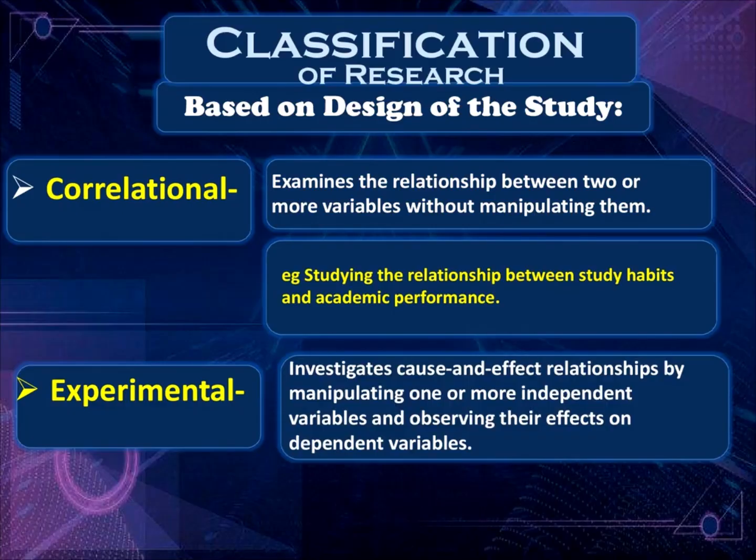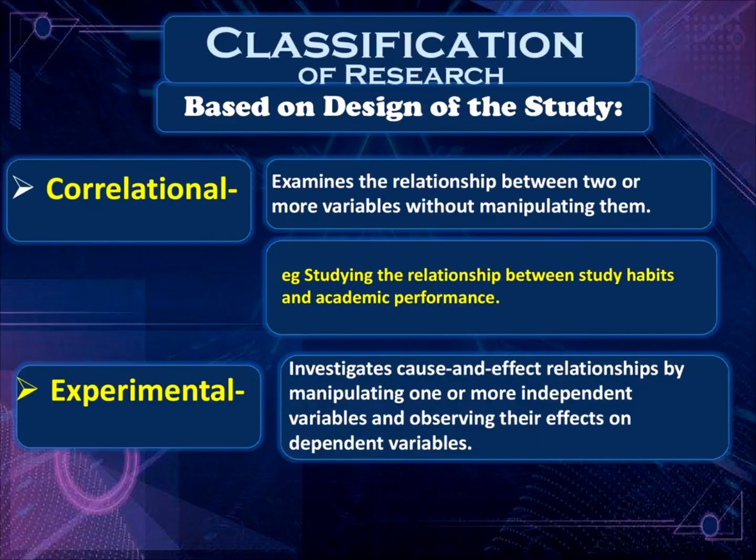So similarly over here, what does it formally say? It investigates cause and effect. See, once again, you are causing something in the class different from before, and then you're trying to see if there's an effect, and if there is an effect, positive or negative, then you call it a relationship, by manipulating one or more independent variables and observing the effects on dependent variables.